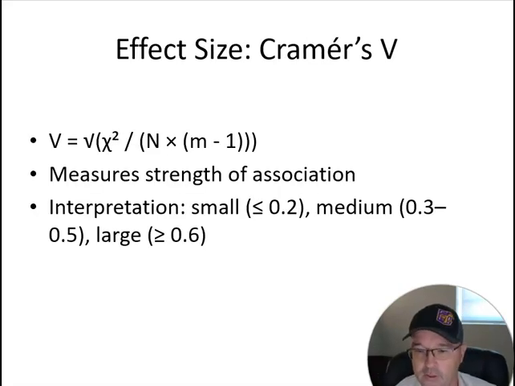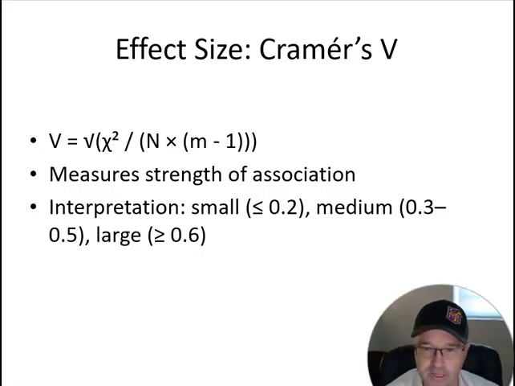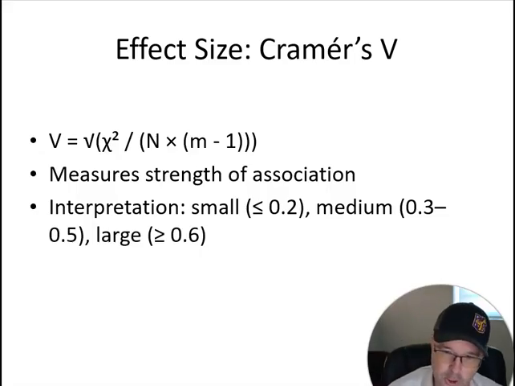Something that could also be helpful when we're doing this is understanding how big that effect size is. And so what we've got is Cramer's V that allows us to do that. You can see the formula there, and it's going to measure the strength of that association.